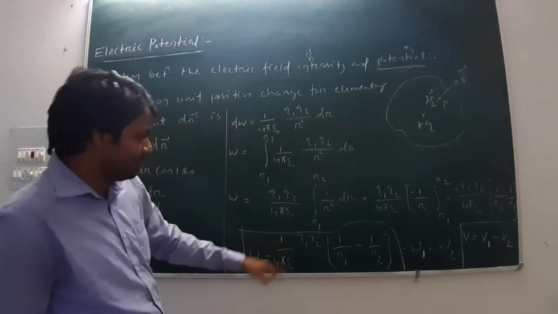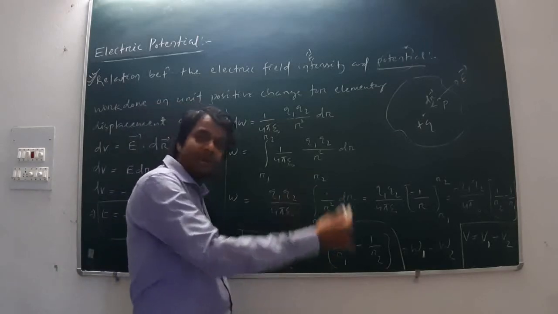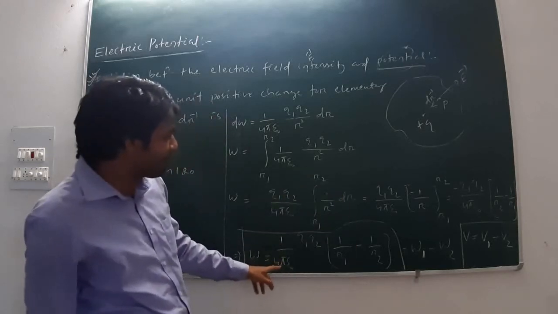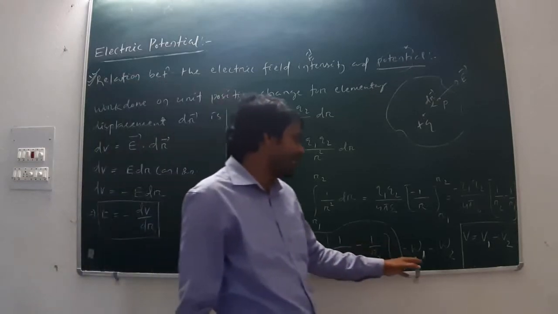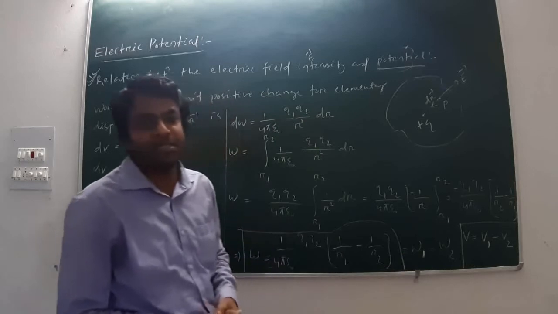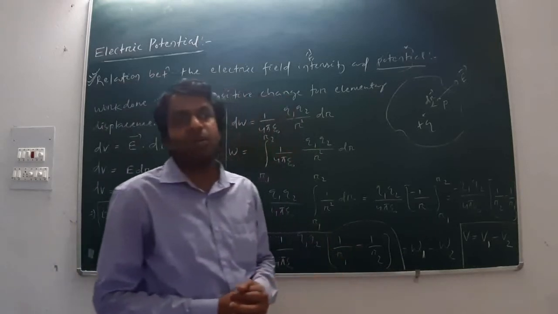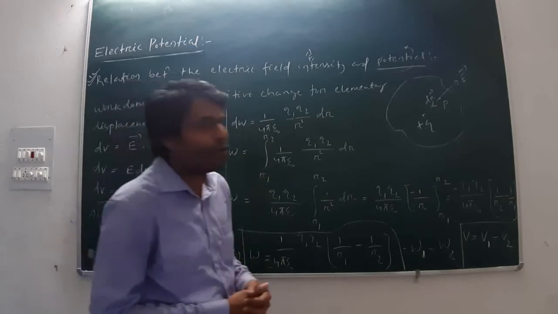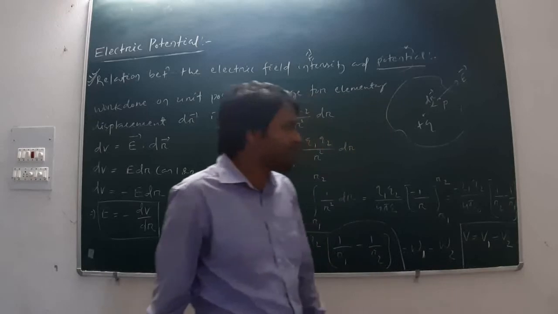W is equal to q1 q2 by 4 pi epsilon naught r1, this is W1, minus 1 by 4 pi epsilon naught q1 q2 by r2, this is W2. Therefore that can be written as W1 minus W2. Similarly, as W is equal to V into q, V can be written as V1 minus V2.